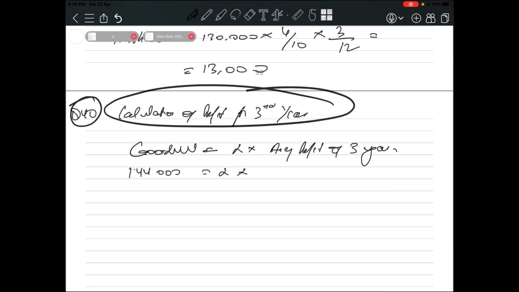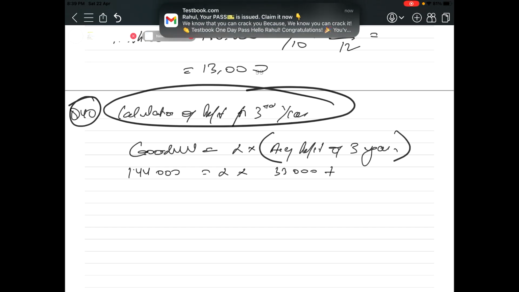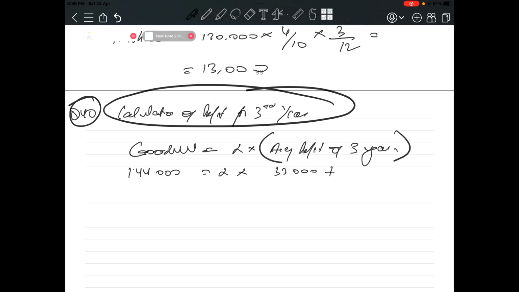So 33 plus 46 plus the third year's profit. Let X be the profit of the third year. To find the average profit, I'll divide by 3.